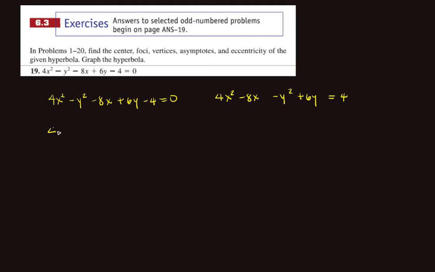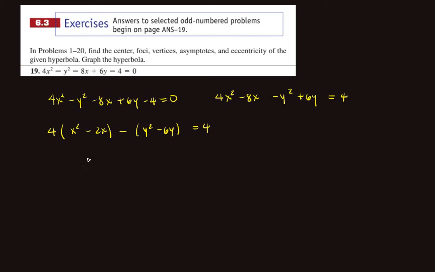We will have 4 times x squared minus 2x. And then here we're going to take as a common factor negative 1, minus y squared minus 6y is equal to 4. Right? If we multiply back negative 1, negative times y squared is negative y squared, and negative times negative is positive 6y.